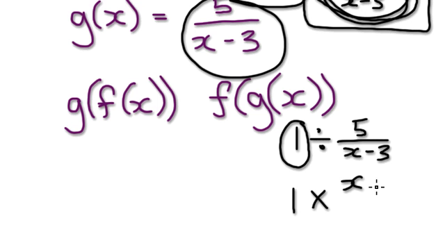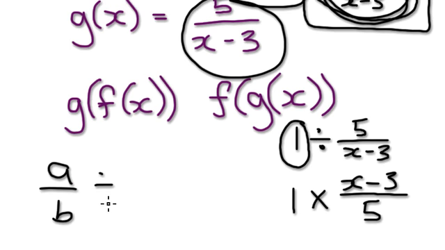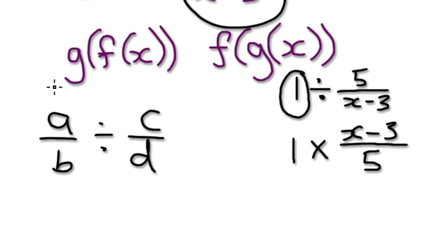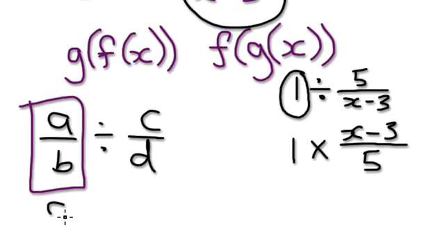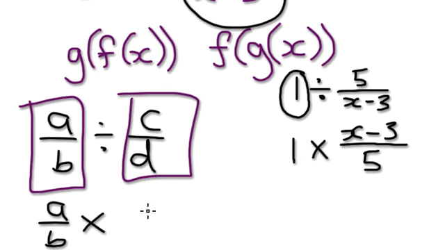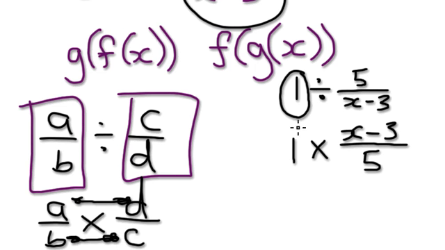So it will be multiplying by x minus 3 over 5. Remember, a over b, if you divide it by c over d, you keep this the same, so this will be a over b, and then you times the reciprocal of this. So this will be d over c. So now it's top times top, bottom times bottom. Well, that's what we're doing here. You can imagine this 1 as being 1 over 1.